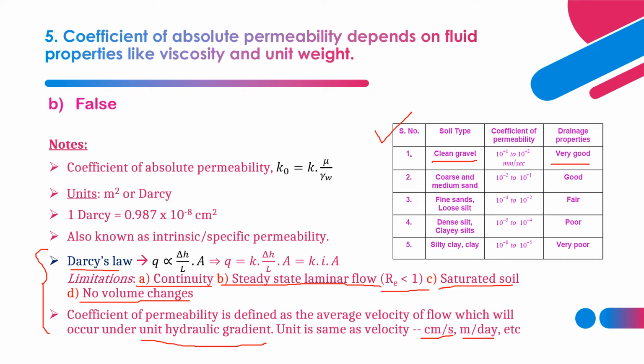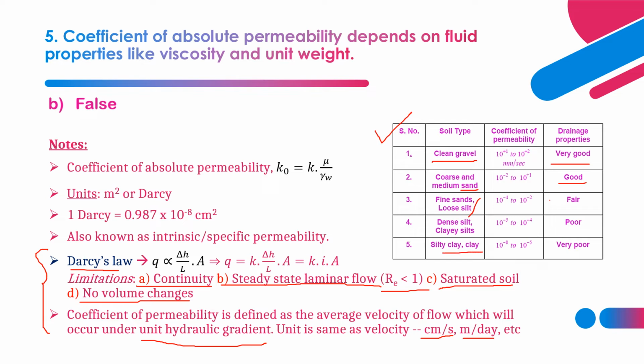If we consider coarse and medium sand, then the permeability will be around 10 power minus 2 to 10 power plus 1 millimeter per second. So we can say it has good drainage properties. And for silt and sand like this.